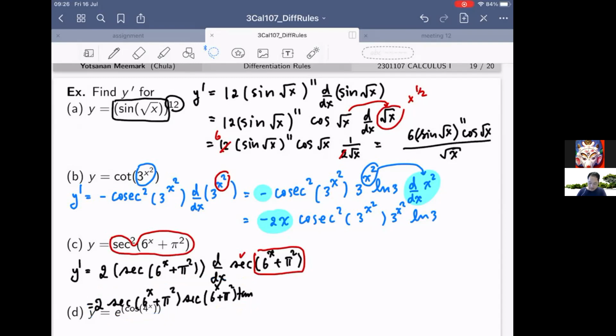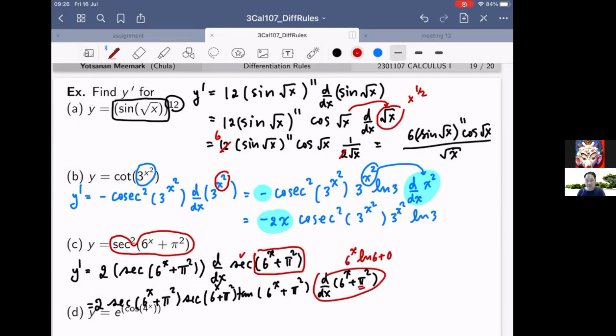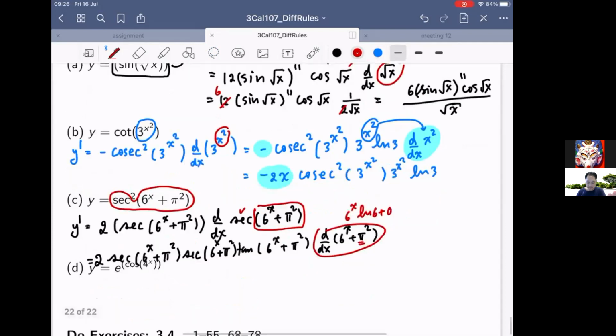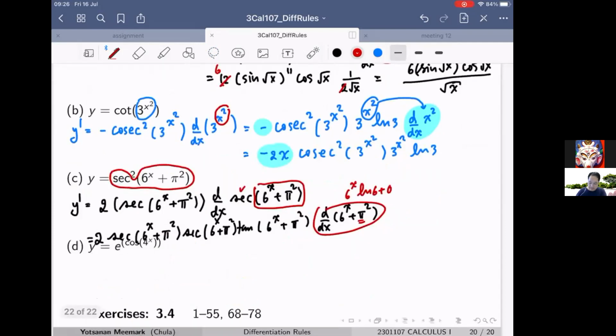So here is a tangent of 6^x + pi squared, and then a derivative of this one inside. What is the derivative of this one, the last one inside? This one becomes 6^x log of 6 plus 0, because don't forget that pi squared is a constant. So here you end up with what?